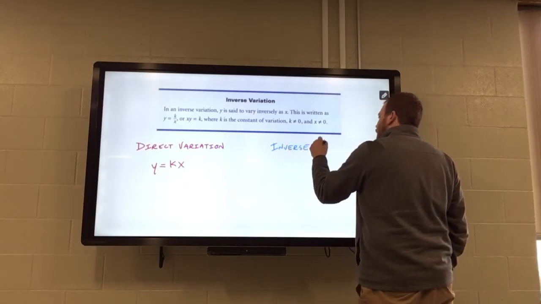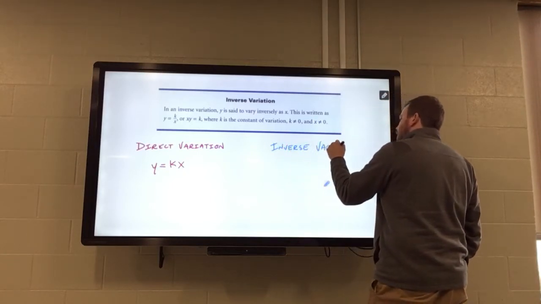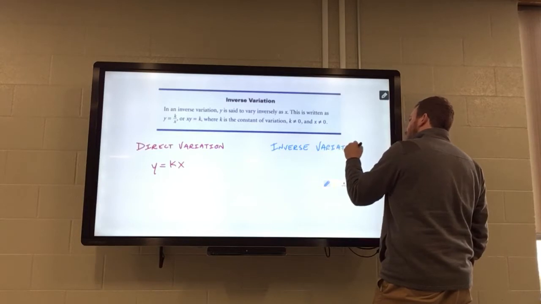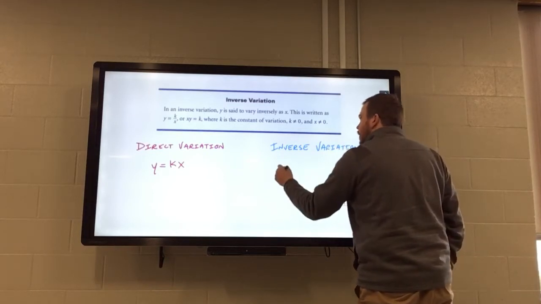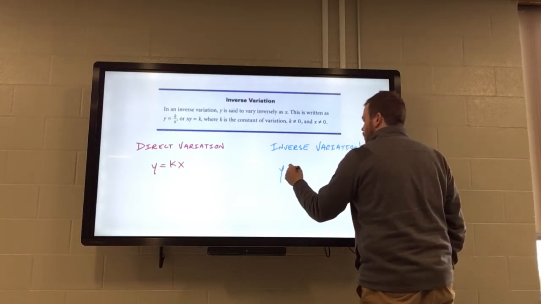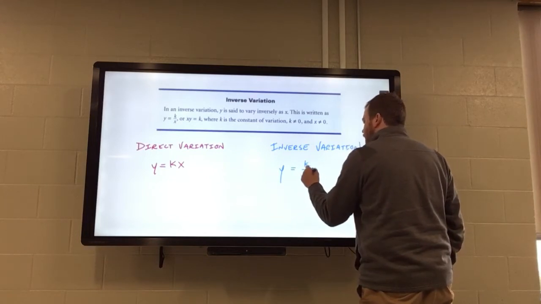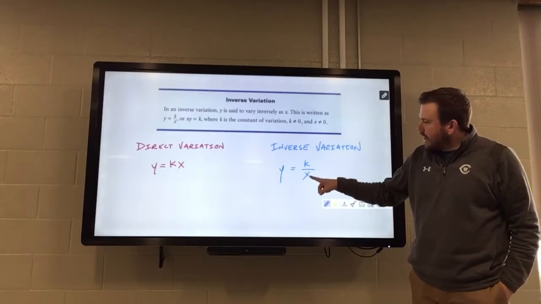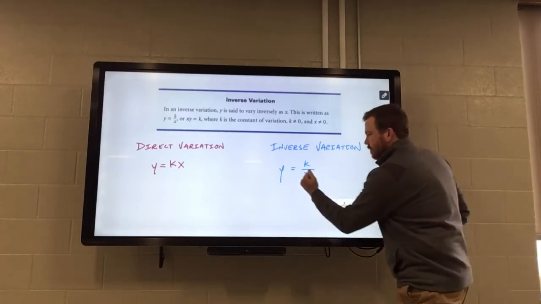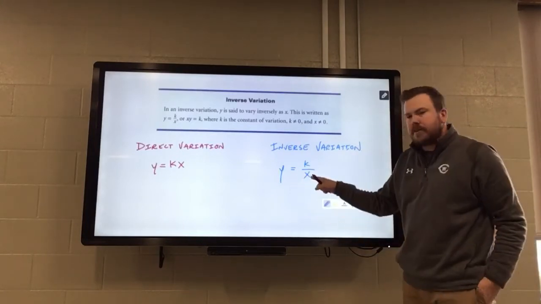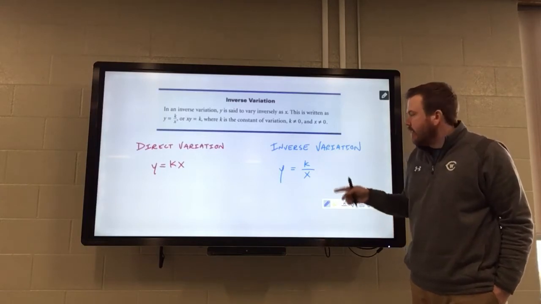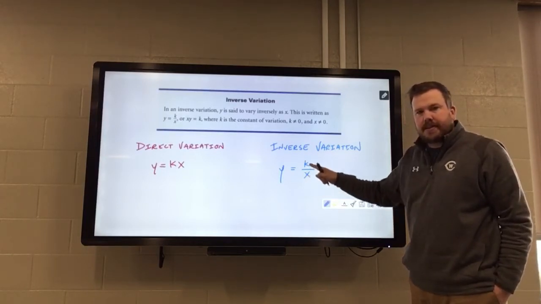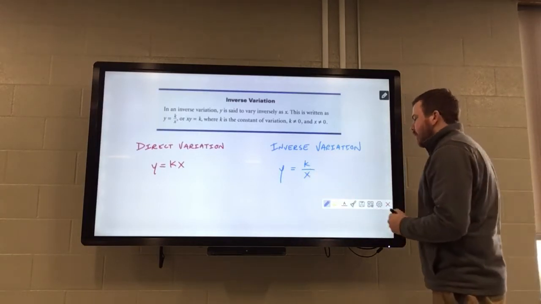For inverse variation, we are instead going to do this. Y is equal to k over x. Now let's think about this for a second. If my x value gets bigger, meaning we have a bigger and bigger value in the denominator, the value of this side gets smaller. Think about it this way.